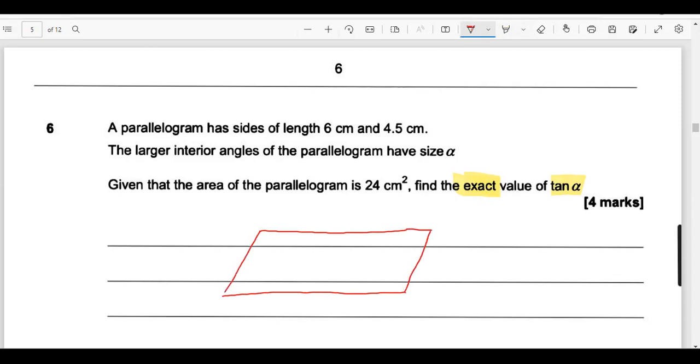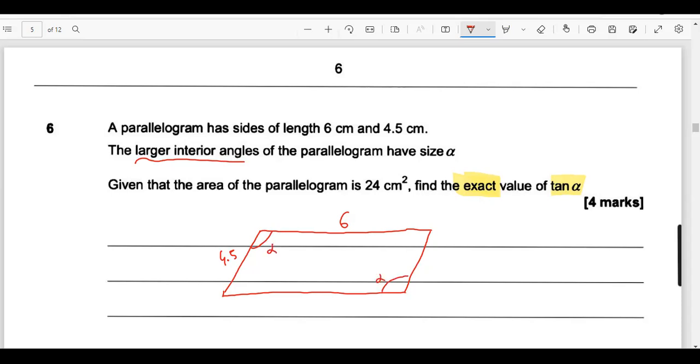This side is 6 and this side is 4.5. Now the bigger angle, or the larger interior angles, would be this one and this one. This is alpha.